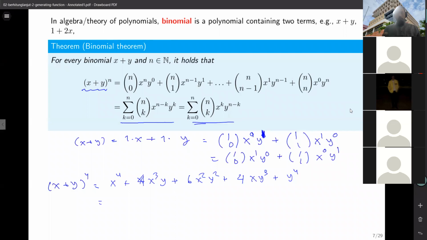Which is, of course, 4 choose 0 times x to the power of 4 y to the 0, plus you take 1 from 4 times x to the power of 3 y to the power of 1, plus you take 2 from 4 times x squared y squared, plus this and this.